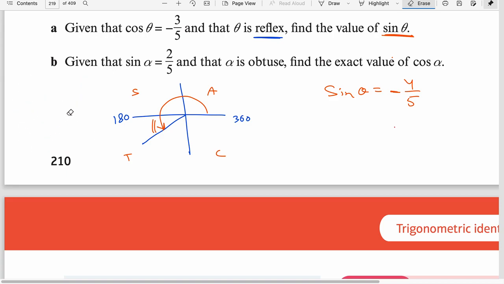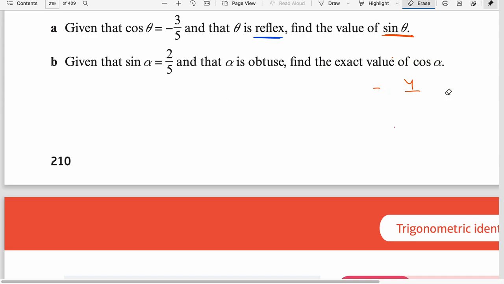Let me try one more. You'll get clarity. B part. Sine alpha is 2 by 5. Whatever it is, I haven't read whether it is obtuse, acute, reflex, anything. So if this is alpha, sine alpha is perpendicular over hypotenuse, so this must be 2 and this must be 5, right?